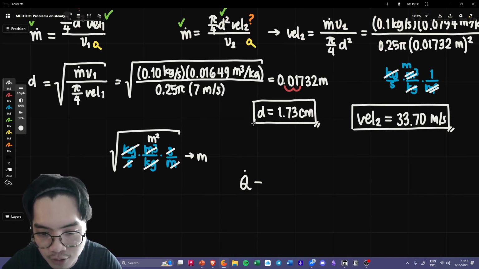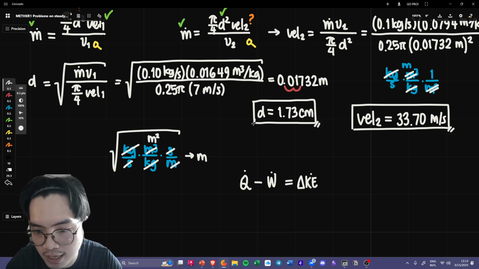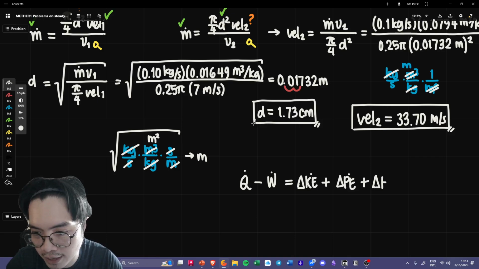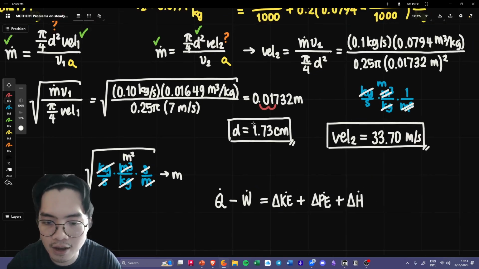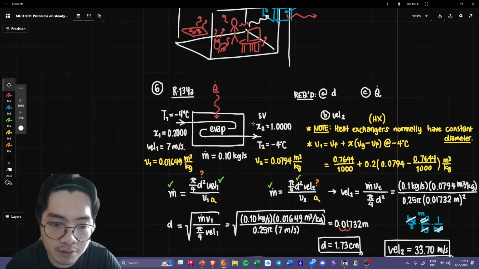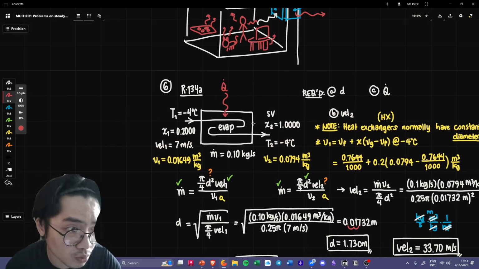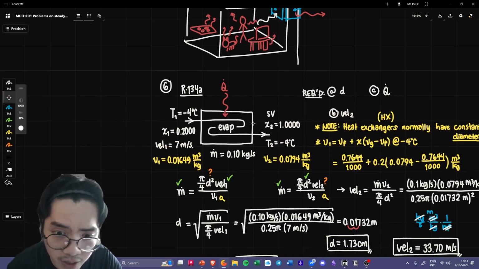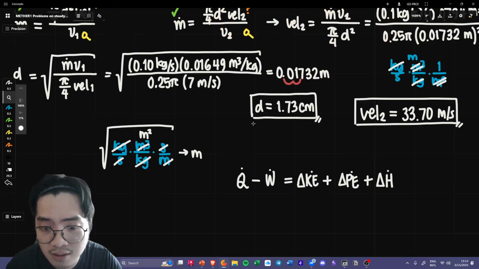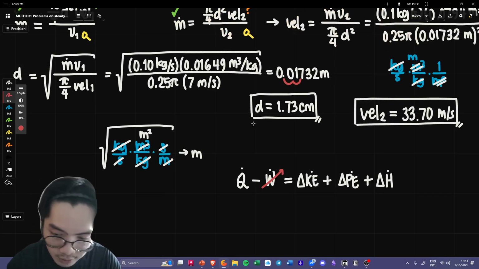Let's write down Q minus W is equal to change in KE plus change in PE plus change in H. Now, the thing with evaporators and most other heat exchangers is that they're not supposed to move. They're not supposed to jiggle, vibrate, move, or rotate. So there will be no work.